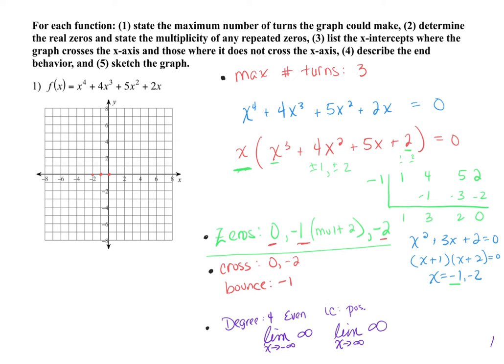And I know that my ends are going to be up here. So I know I'm going to start from up here, and I'm going to end up here. Okay? And in that process, I am going to cross at -2. I'm going to bounce off at -1, and I'm going to cross at 0 and go back up. And that looks a little different, but you get the idea.